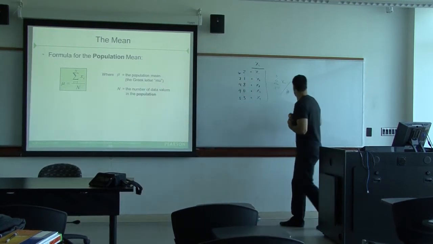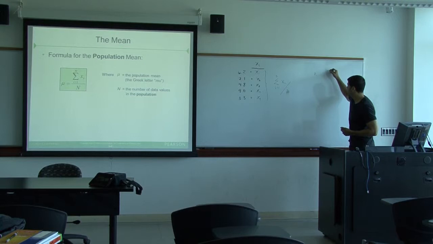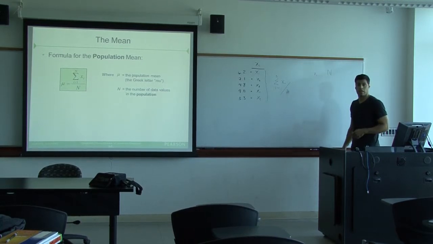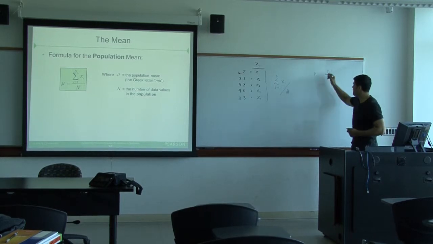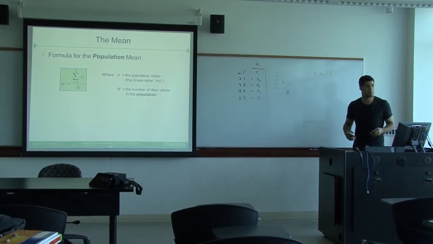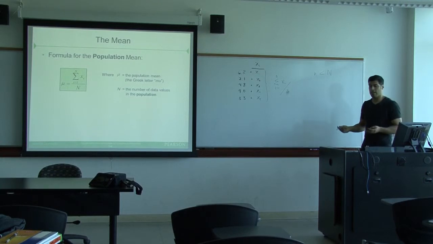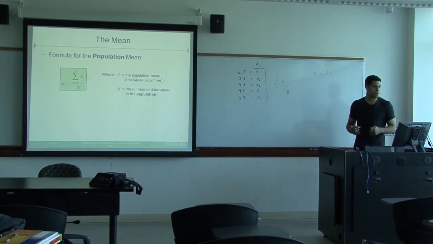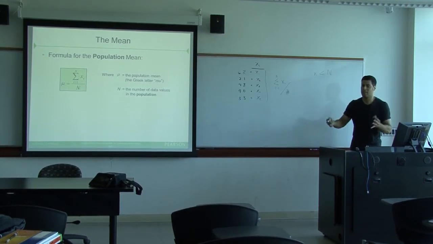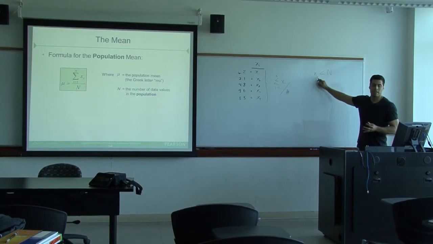So what are we saying then? Which one is greater? Michelle? Which one is greater, this one or this one? Or which one should be greater? The capital one? Yeah. That has to be the case always, right? If a sample is a subset of the population, then the sample size should be smaller than the population size.